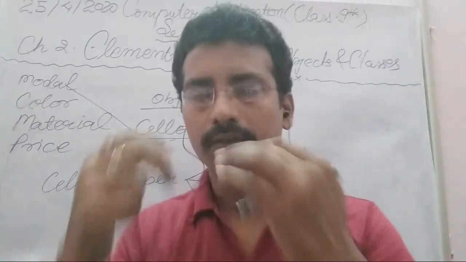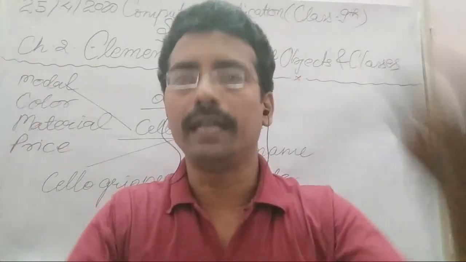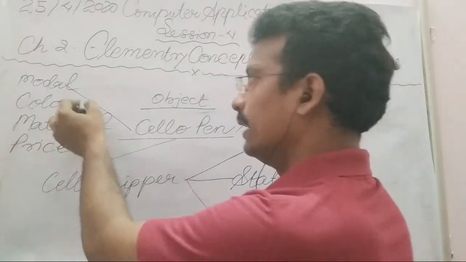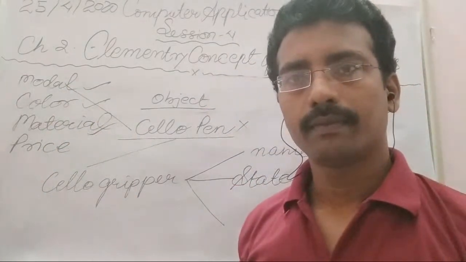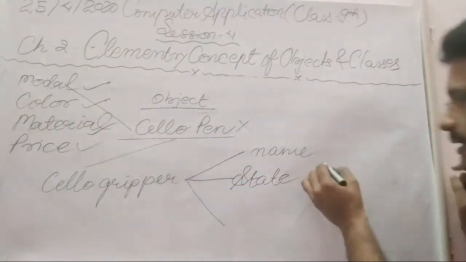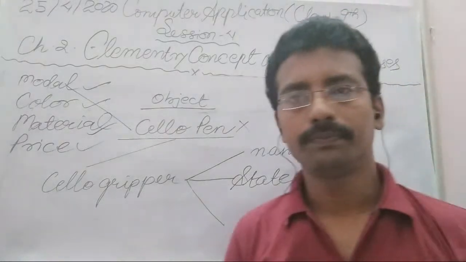State means this object is made up of which material. It contains what? Color, model, material. These are all described under this particular state.